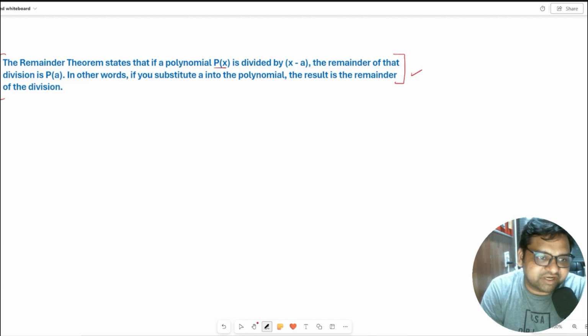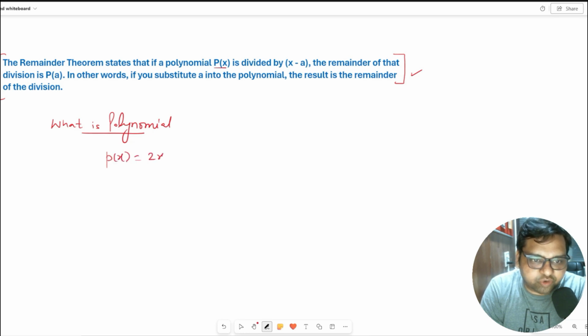So first of all, we will try to understand what is a polynomial. So polynomial is basically like, I have to write an example here. The example is like 2x square plus 3x plus 5. So polynomial is a function.